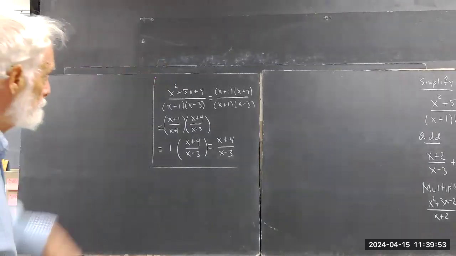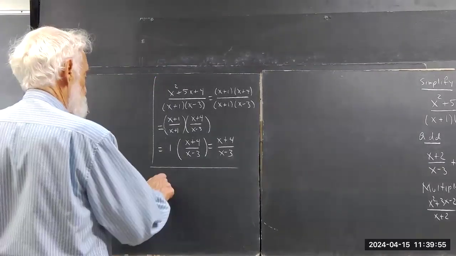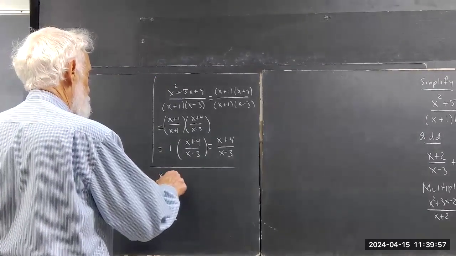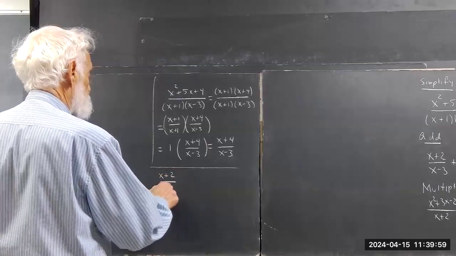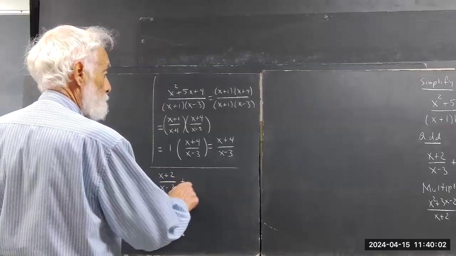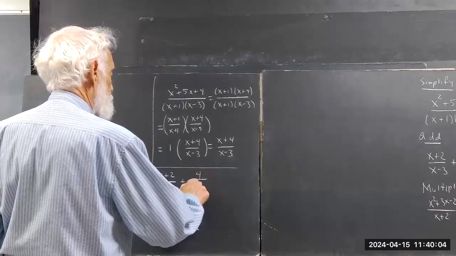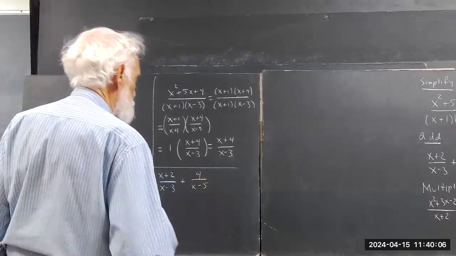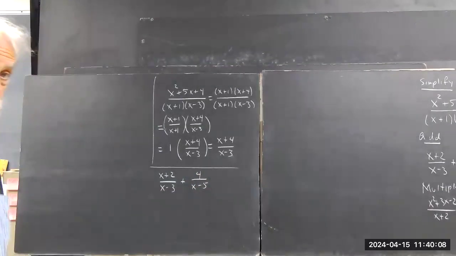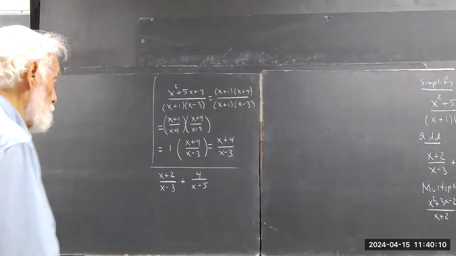Now we want to add x plus 2 over x minus 3. If you know how to add fractions, you find a common denominator.